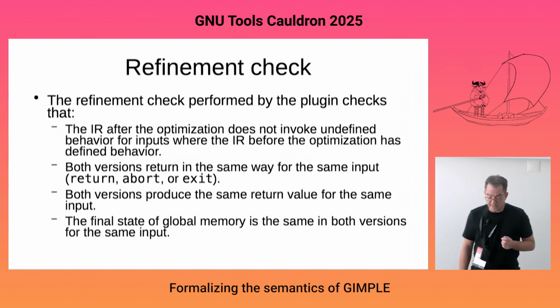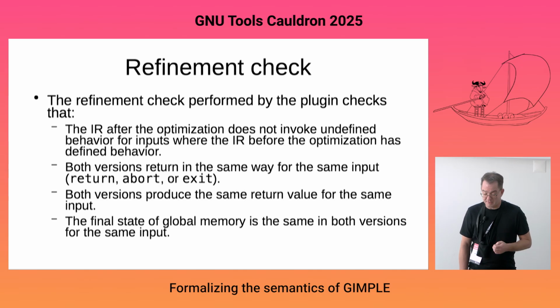And the checks I'm doing there are these 4. That I check that the IR after optimization does not invoke undefined behavior for inputs where the IR before had defined behavior. If that was okay, then I check that both return in the same way for the same input, again for all possible inputs.